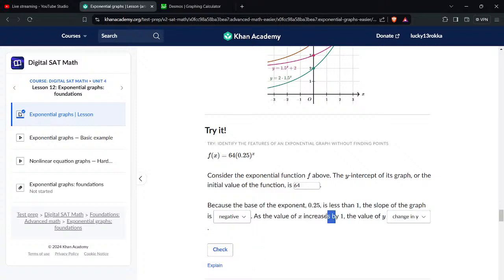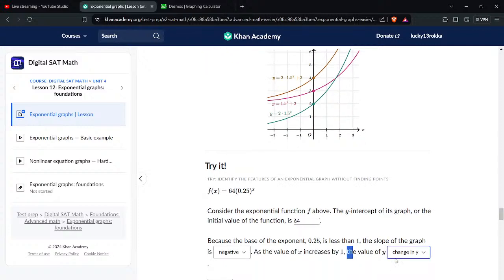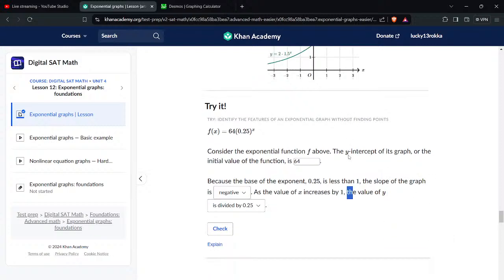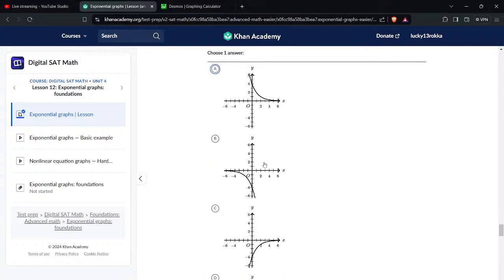As the value of x increases by 1, the value of y is divided by... wait, it's multiplied by 0.5. If it decreases like that, it's not divided, it's multiplied.